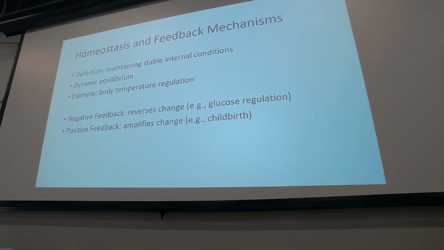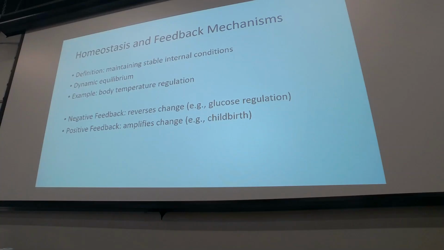Once the control center receives that signal, it can tell whether the signal is out of range or not, and then it will send commands, an effector signal, to the effector itself, which is going to make a change. It can either oppose that change through negative feedback, or reinforce that change through positive feedback.